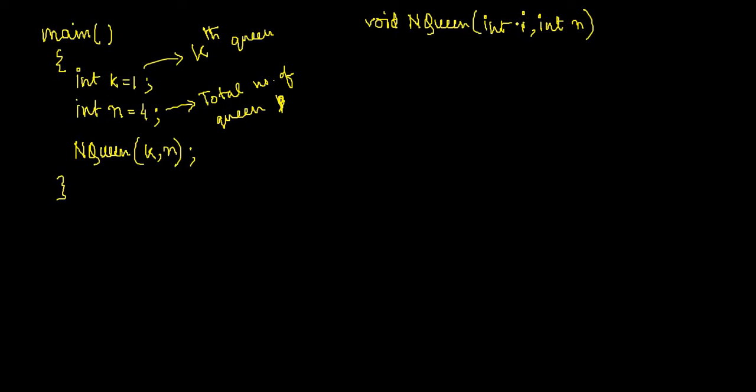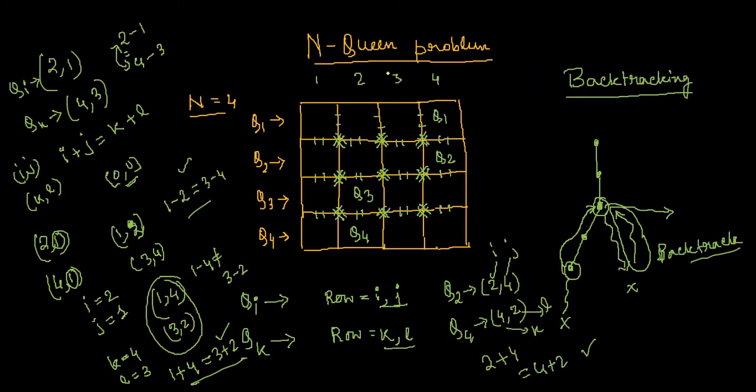Now see, what is the first job I have to do? This n-queen function first has to find a place where the ith queen can be placed. With respect to this problem, queen 1 has 4 different options, queen 2 also has 4 different options.